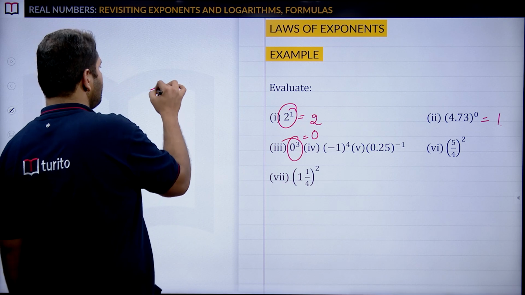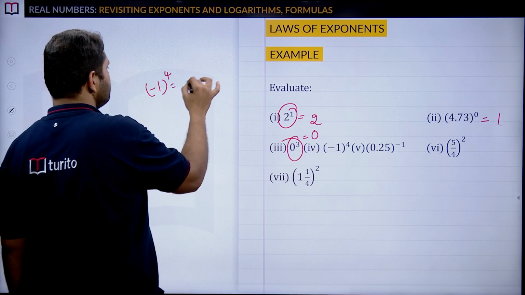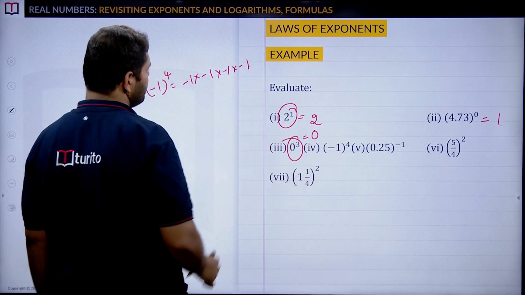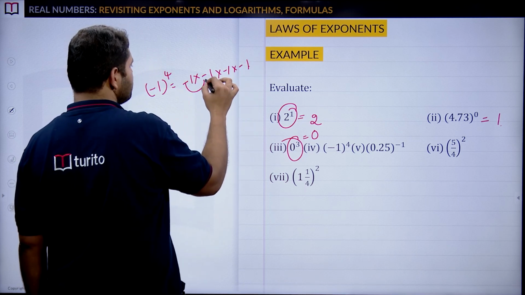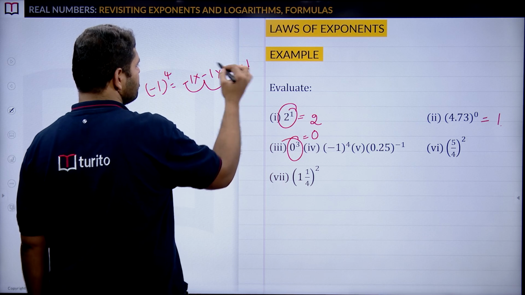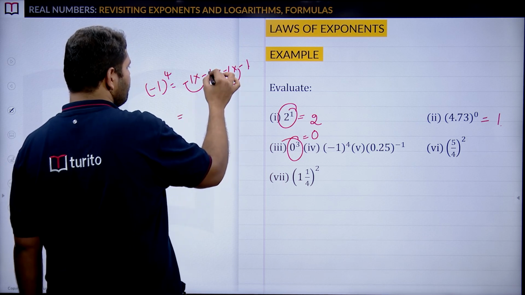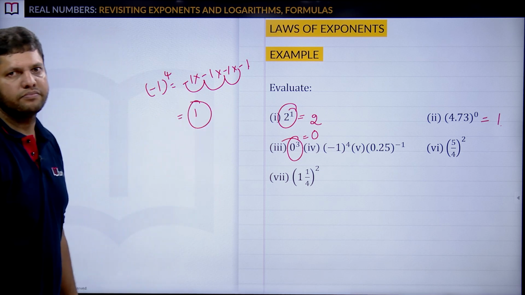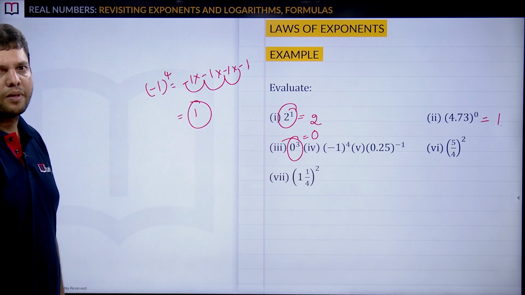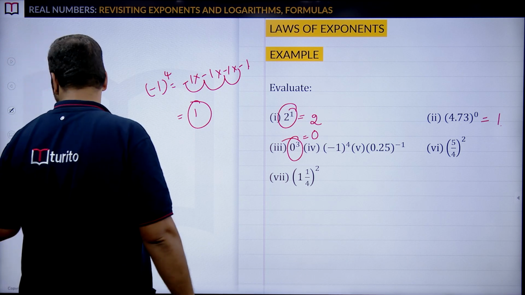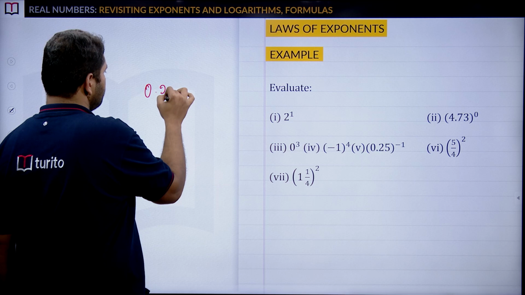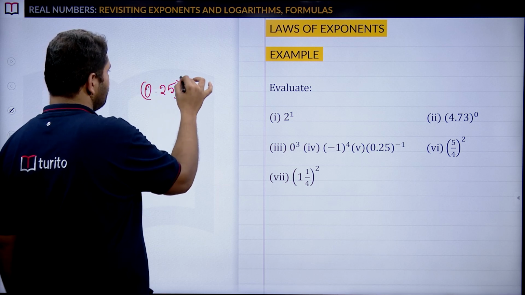Next one is minus 1 whole to the power of 4. That means minus 1 into minus 1 into minus 1 into minus 1. So minus into minus is plus, and plus into minus is minus, again minus into minus is plus. So 1 times 1, again 1 times 1 is 1. So the answer is equal to 1 only. Okay. Next one, 0.25 whole to the power of minus 1.